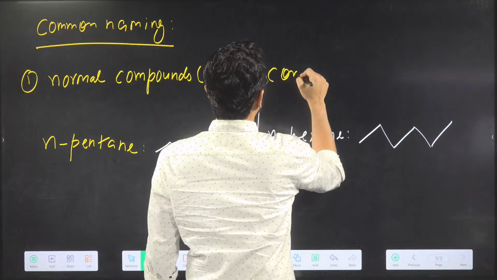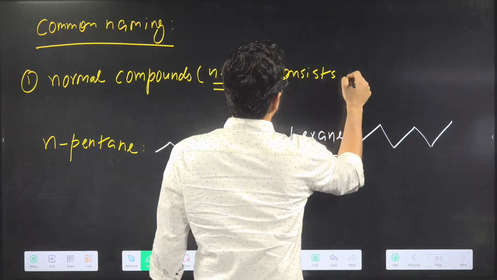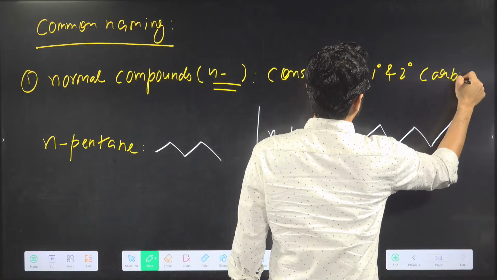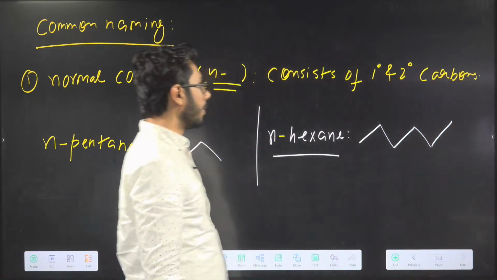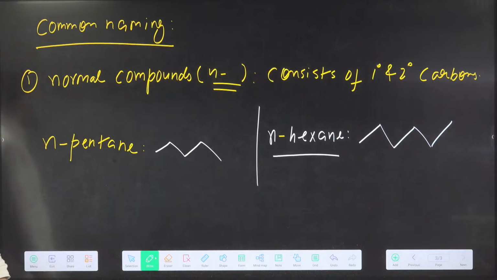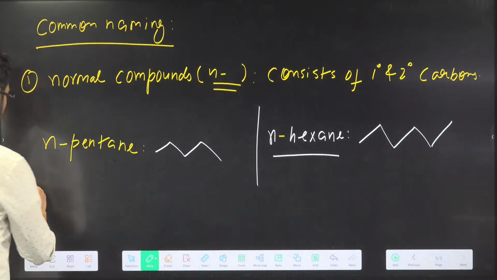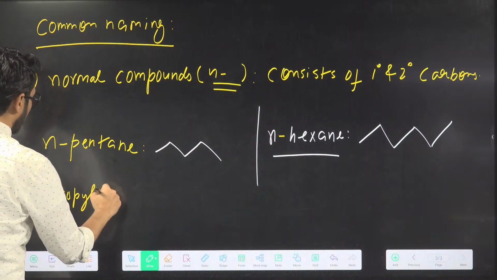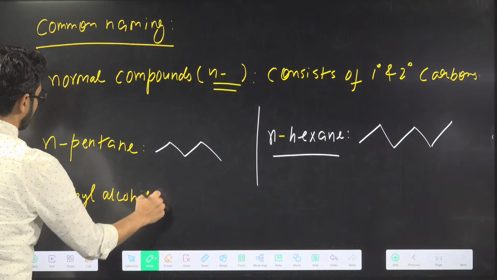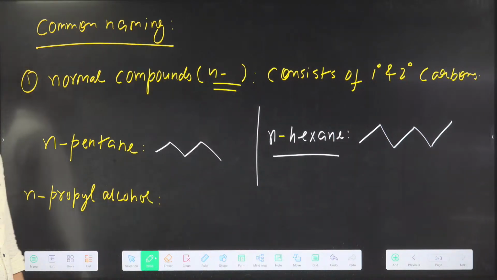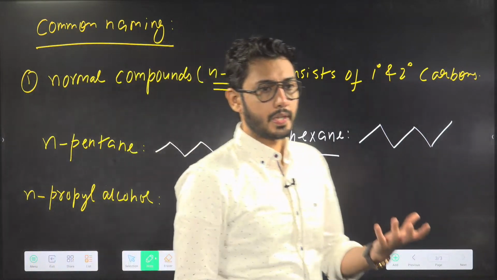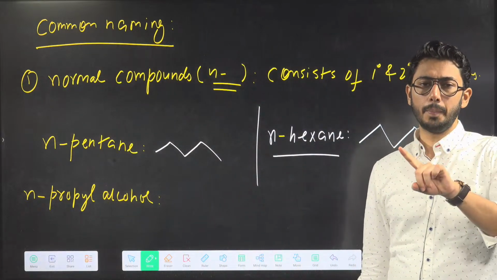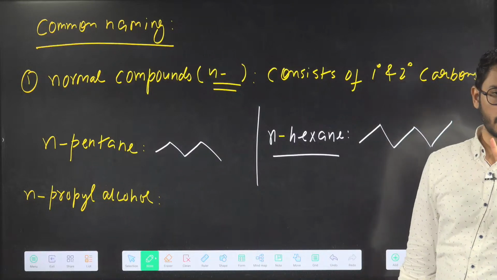So it consists of primary and secondary carbons, but no tertiary or quaternary. Then if it is N-propyl alcohol, so if any group is connected, then that functional group will be connected to primary carbon only, not secondary carbon.